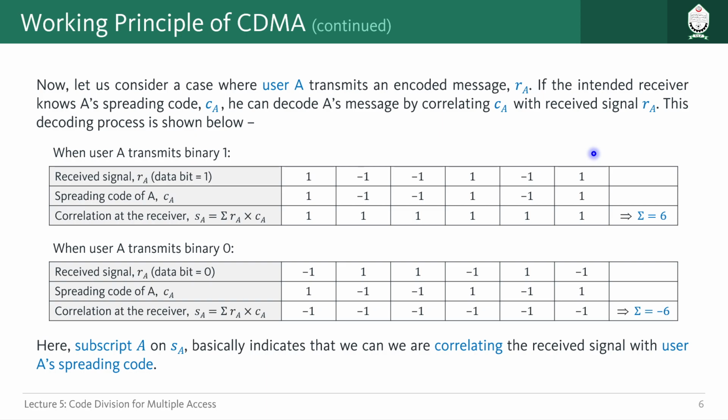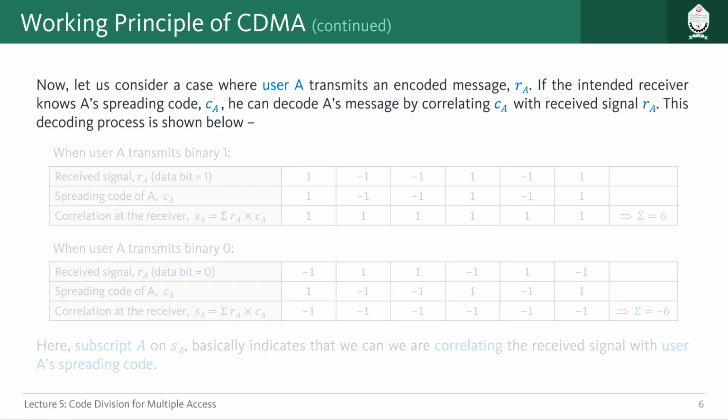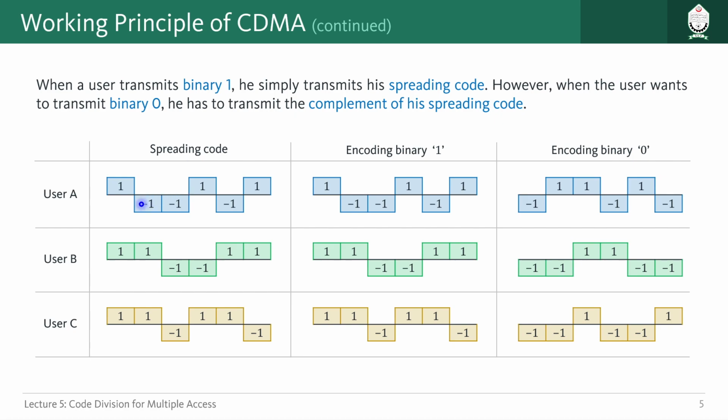Let us first assume user A is trying to transmit binary 1. Whatever spreading sequence is assigned for user A, he should just transmit that particular spreading sequence if he wants to transmit binary 1, like we described in the previous slide. Whenever user A wants to transmit binary 1, he transmits the exact sequence assigned as the spreading sequence, and for binary 0, we transmit the complement of our spreading sequence.